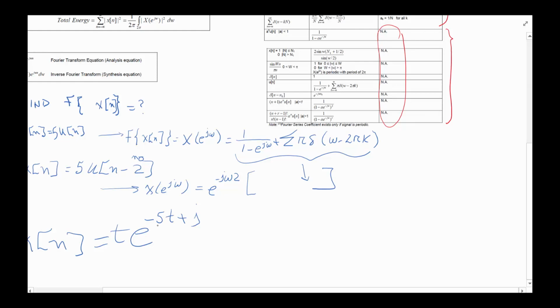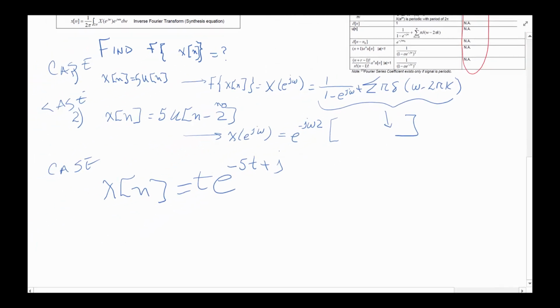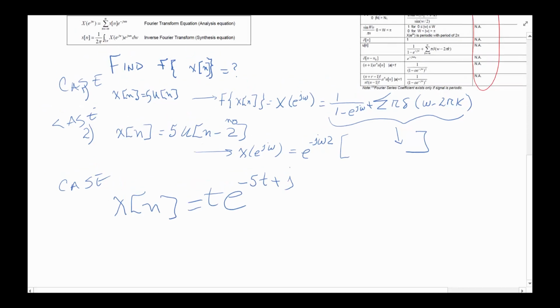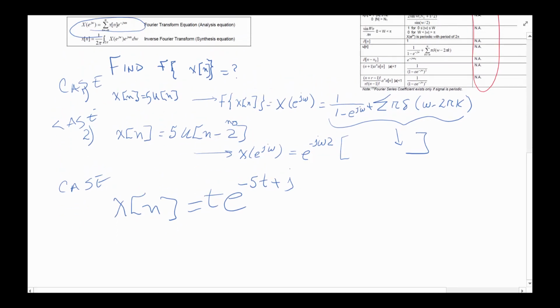Let's say that's the case, and I just don't have anything that looks like that in my list. I'm sorry, that can't be a t, it has to be an n because it's a discrete function.